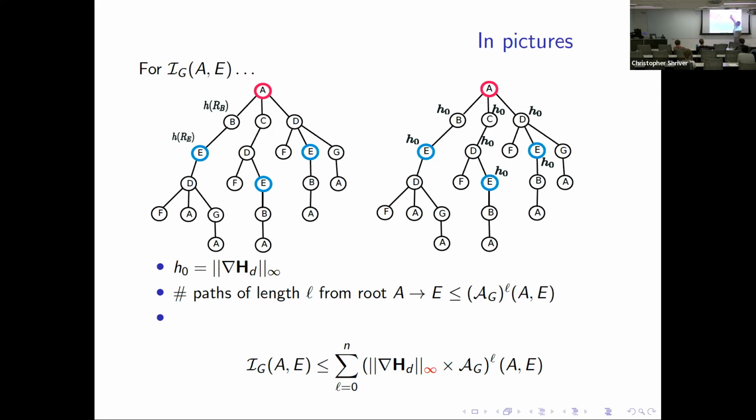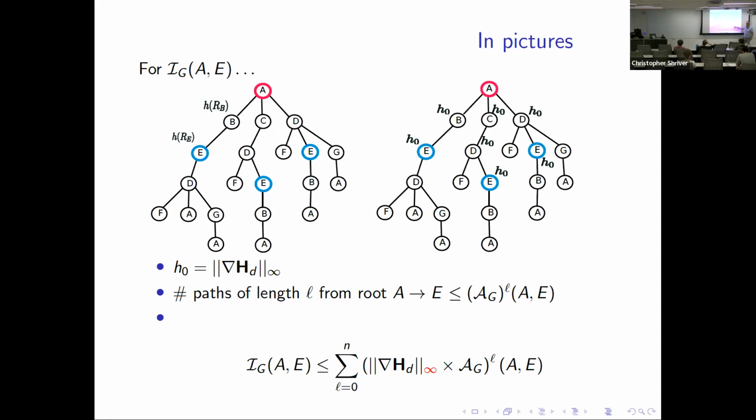In order to bound the influence of A on E, I have to find a bound on the number of copies of vertex E at level L in the tree. You can argue elementarily that the number of copies at level L of the tree is the adjacency matrix raised to the L, taking the entry AE.